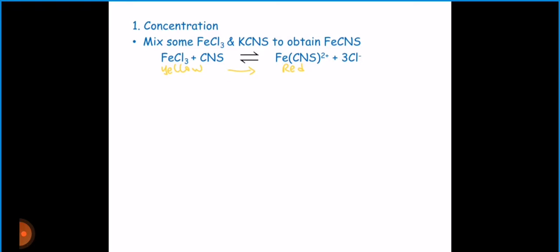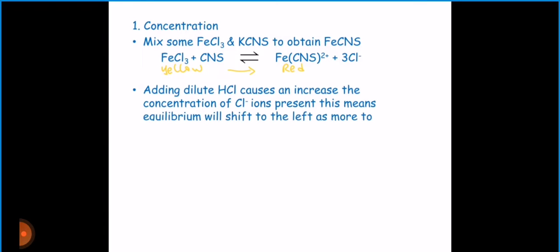Now, what we do is we add some dilute hydrochloric acid, and this causes an increase in the concentration of the chloride ions present. So we're applying a stress that increases the concentration of chloride ions on the right hand side of our equation. That would mean that if there's excess chloride ions present, the reaction is going to happen that gets rid of those chloride ions.